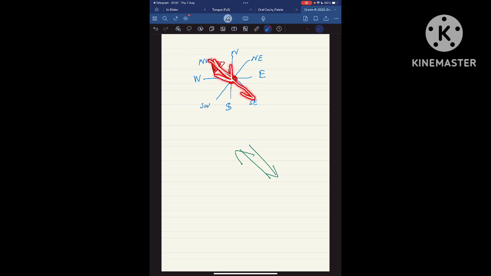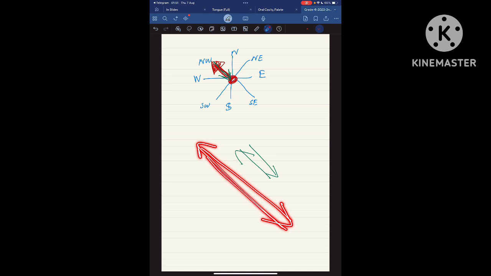This means this direction is southeast. It goes this way, right? Which means to the northwest. But it comes this way. If I hit something, it goes this way, but it comes this way.